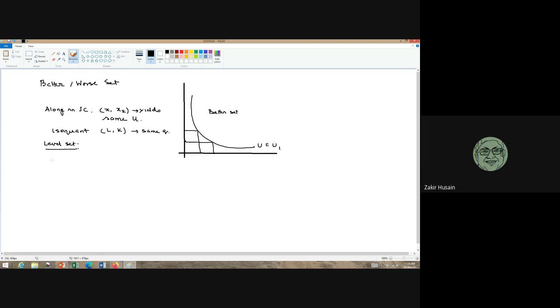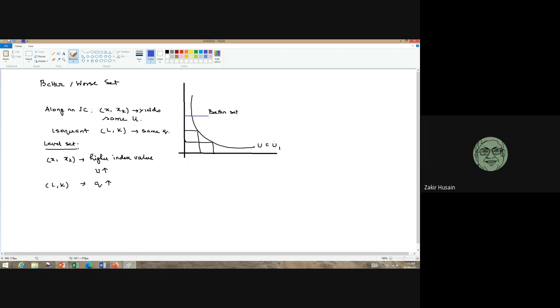A better set is when the combination of x1 and x2 gives you a higher index value. That means it will give you a higher level of utility. The labor-capital combination will give you a higher output level.